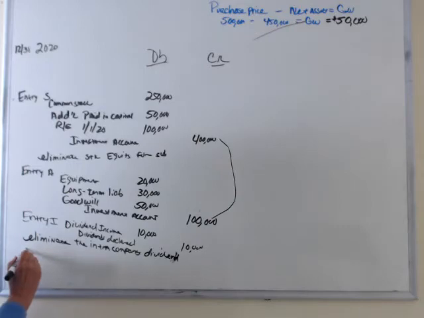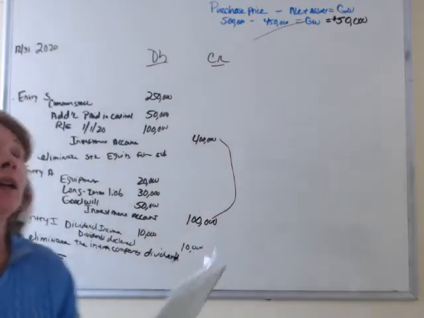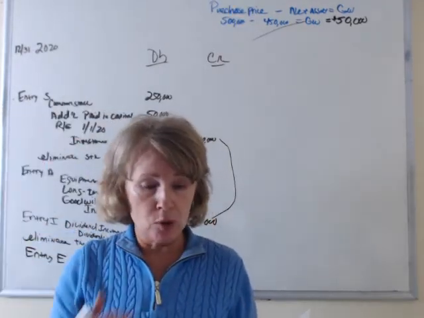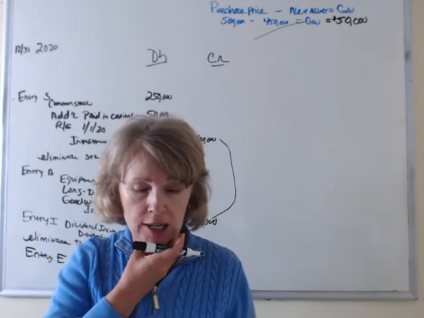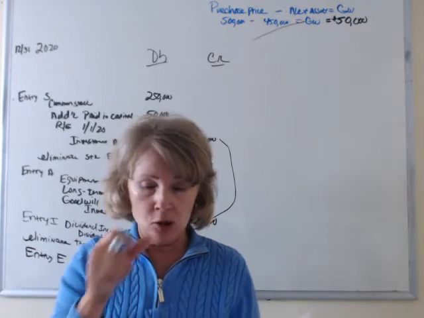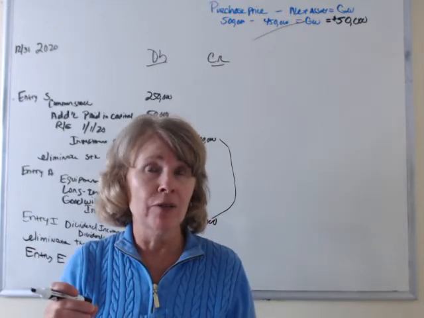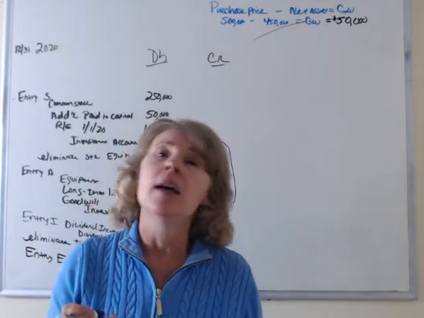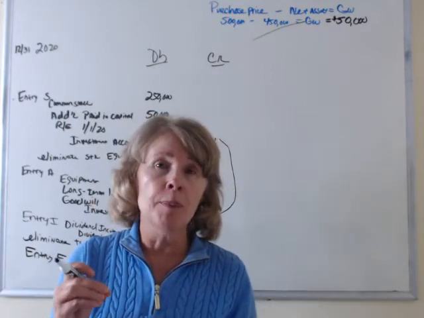Now we're on entry E. Go back to our original analysis when we did those, we figured out depreciation, we figured out interest expense, okay? So the interest expense is going to be the $7,500. The depreciation is going to be the $4,000. That related to a bond.